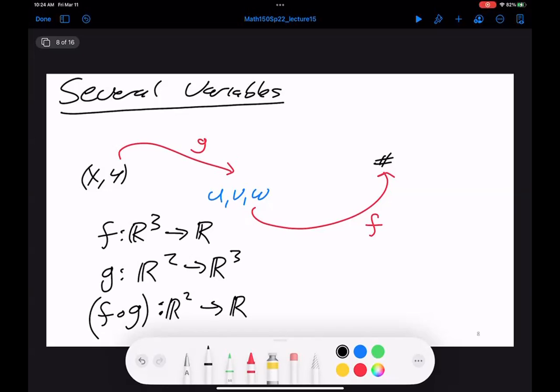So you always want to get a sense of where do you start, where do you end, what's my input space, what's my output space. And so here I start with 2 points, x and y. I then apply g, and I get 3 points. I get a triple u, v, w. Okay.